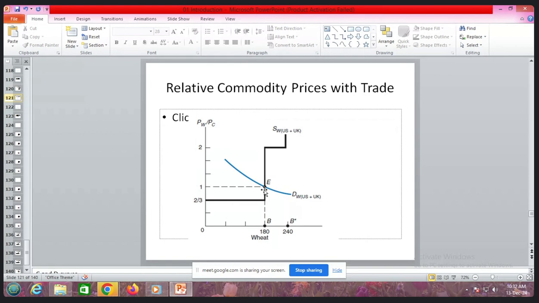The demand curve can intersect at different points, but here we are saying that the demand curve is intersecting at point E, where the relative price is equal to 1. Otherwise, the trade is not going to take place.